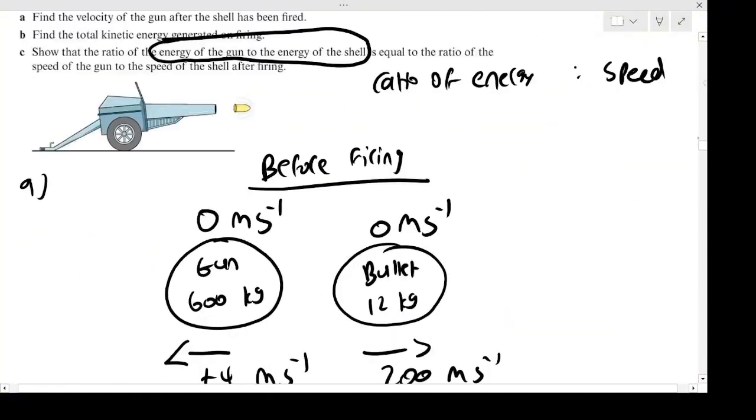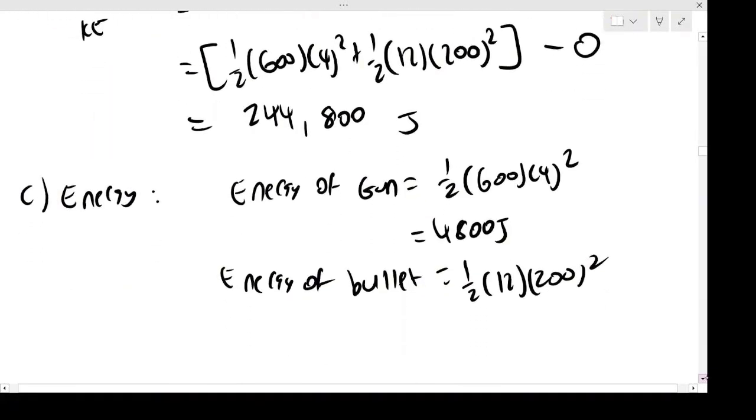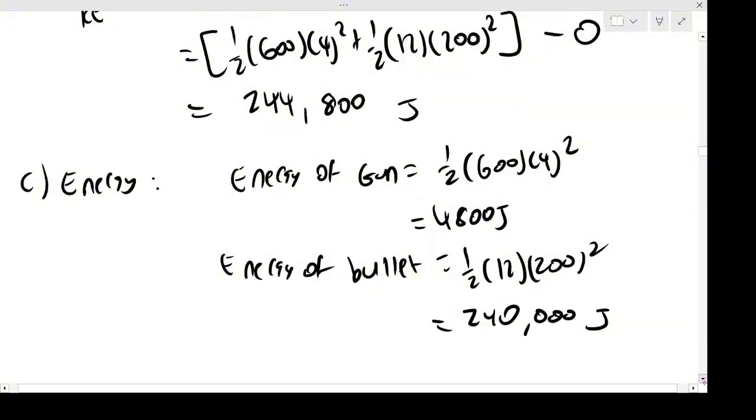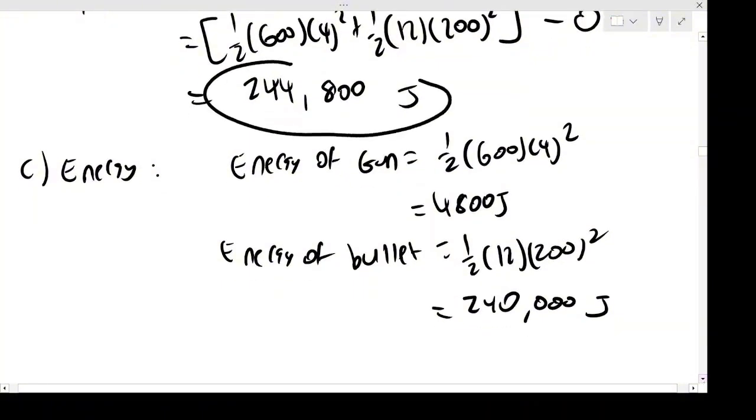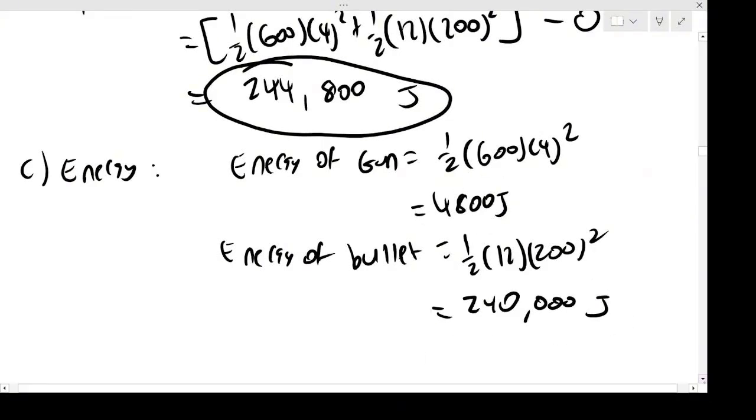Let me check. Yes, so if I work all that out, I get 240,000 joules. Okay, so there we are. And that makes sense with my answer, because the overall gain in kinetic energy is these two numbers added together. Okay, so indeed my answer should be right.